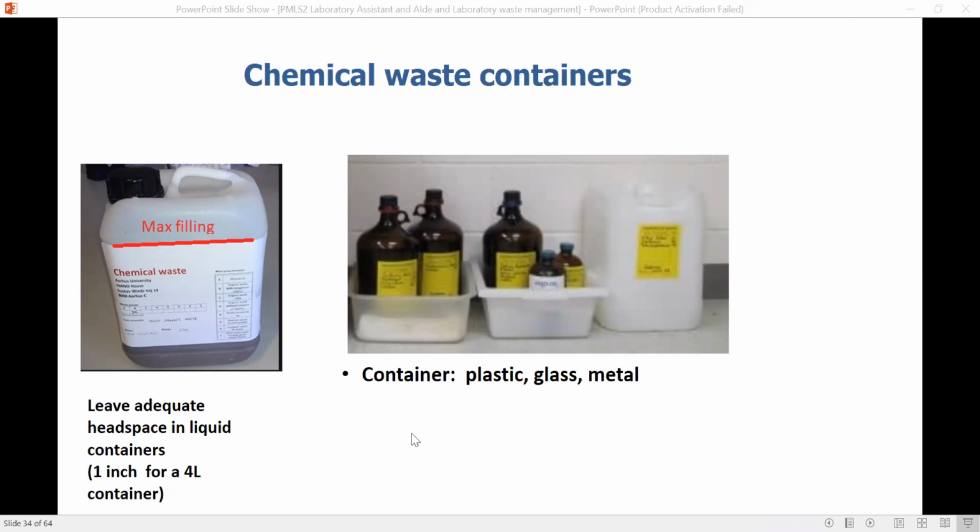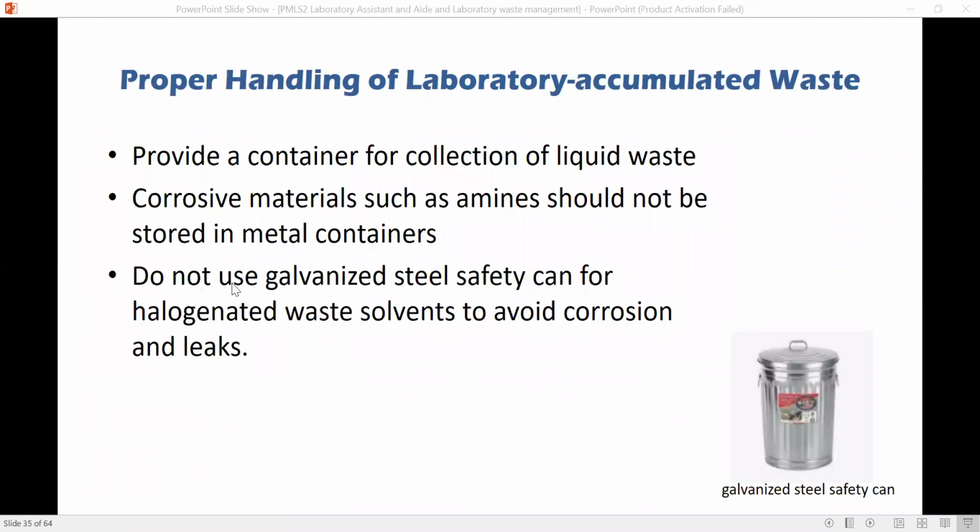Okay, so pag naglagay ka ng reagent ng waste sa container, leave daw adequate headspace. Ito lang yung maximum. Meron kang about 1 inch na allowance. Hindi siya umaapaw. Okay? Now, provide a container for collection of liquid waste.